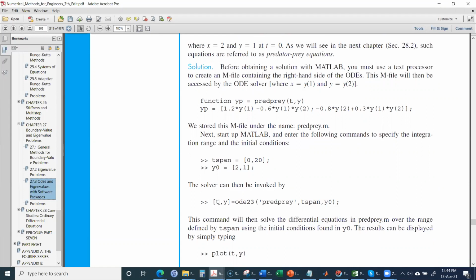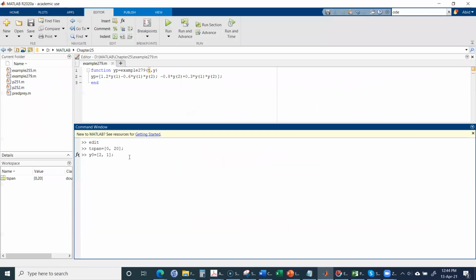So for example, it is this one. Here the name of our function is example 279, and then t span and y0.